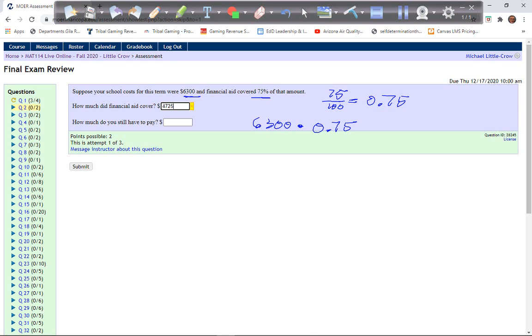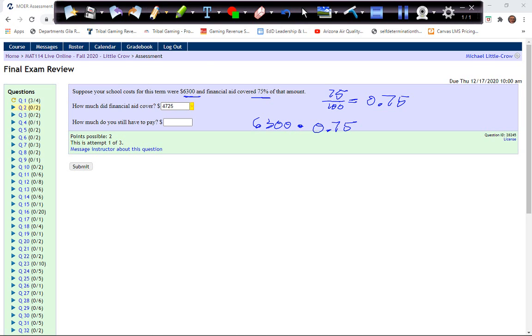Well, we could just subtract, or another way you could do it, and just think that this helps, is you could have taken the 6,300. That means if they paid 75%, we paid the complement. We paid 25%. Right? We'll get this either way. And notice that both of these together add to 100. We're multiplying by 1.